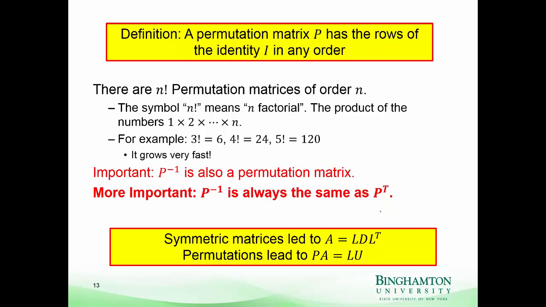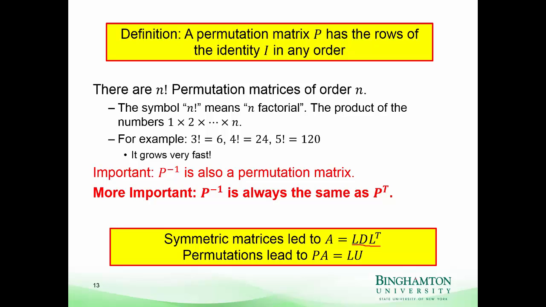So when we started off with symmetric matrices, we saw that we ended up with LDL transpose. Now, we haven't really talked about this, but everything we've talked about so far has been this LU decomposition for the case where we don't need any permutations.